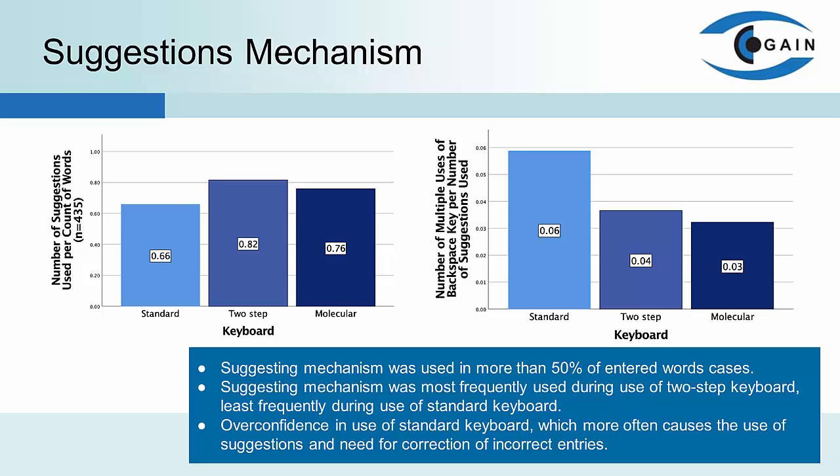Notice that the difference may also be due to overconfidence in use of the standard keyboard, which more often causes the use of suggestions and the need for corrections of incorrect entries. However, this hypothesis is not supported by the total number of suggestions, which is the lowest for the standard keyboard.